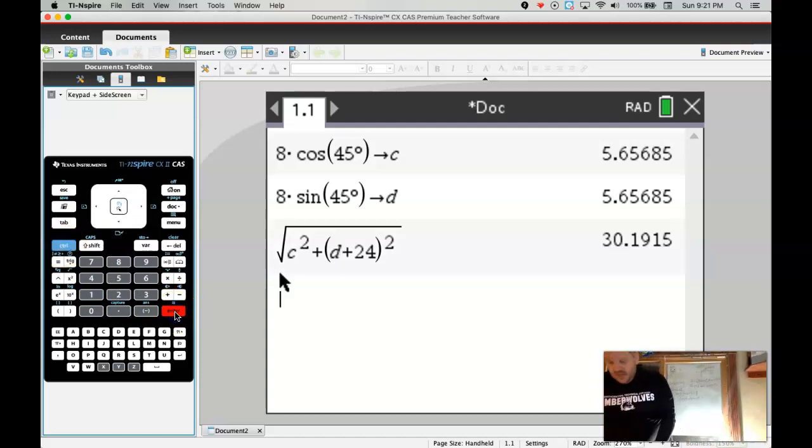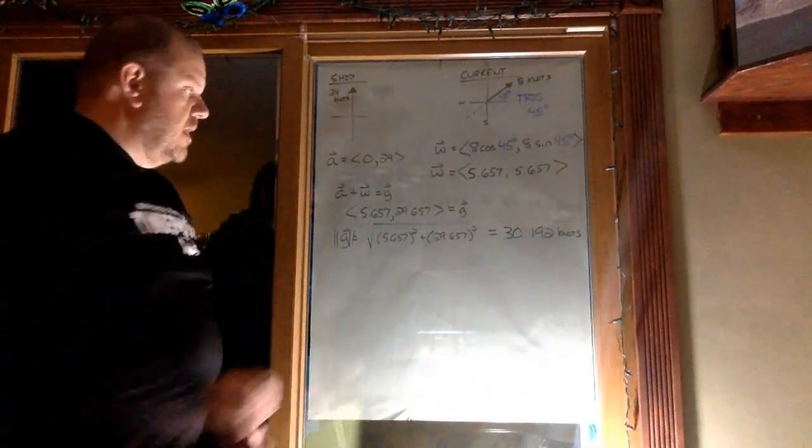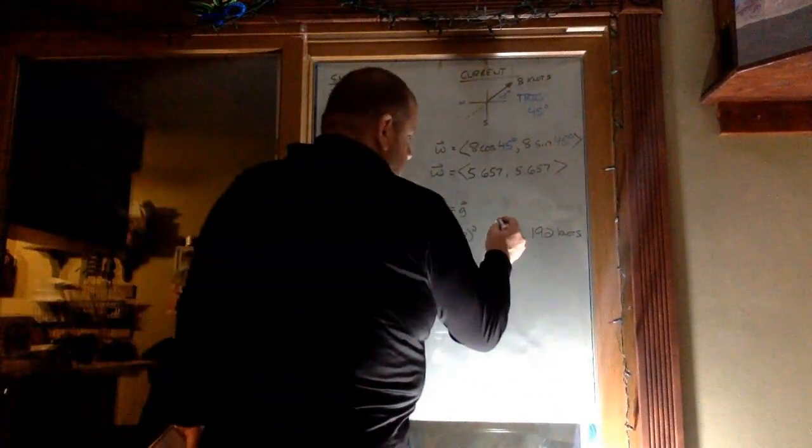It's going to give me an actual speed of 30.192 knots. So that's my actual speed.